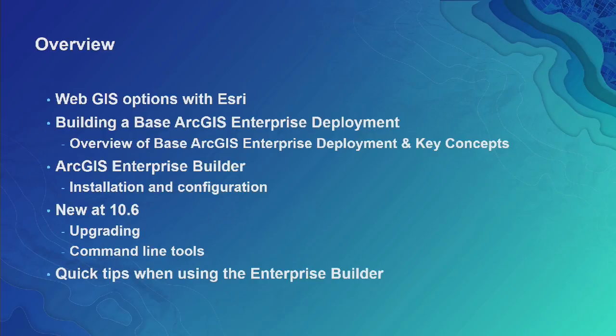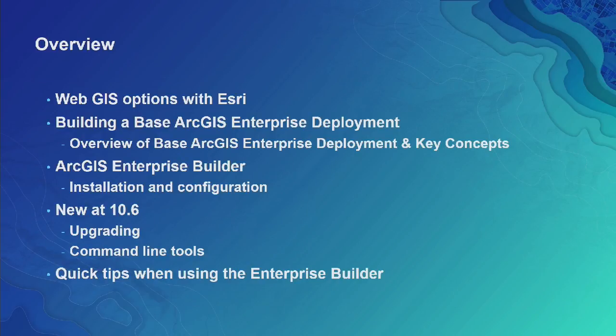But to start, for our overview here, we're going to just explore what Esri's Web GIS options are. Then we're going to talk about building your base ArcGIS Enterprise deployment, which is going to consist of an overview of what the base ArcGIS Enterprise deployment is, and then some of the key concepts that you should know about installing and configuring it. Next, we're going to do a deep dive into the ArcGIS Enterprise Builder.